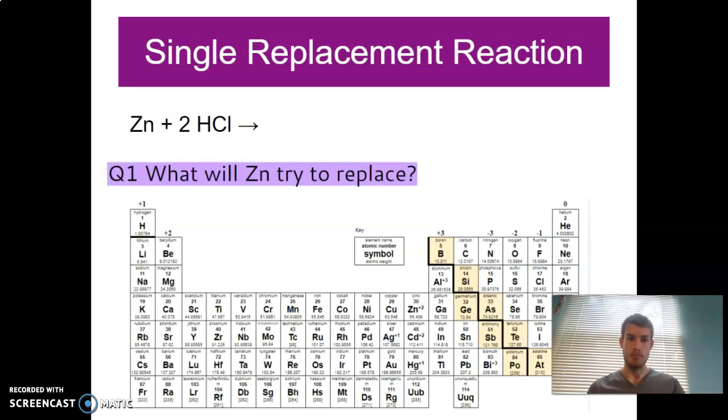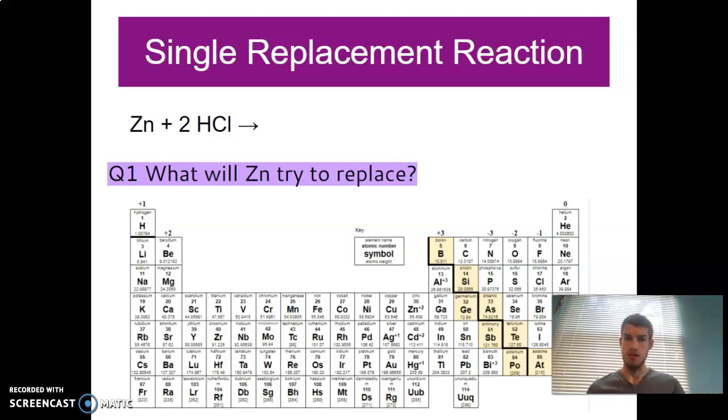So here's another example. We have zinc and two HCl molecules. And our first question is, what is zinc trying to replace? Well, we already said that like replaces like. So zinc itself is a metal, and it wants to replace another metal.